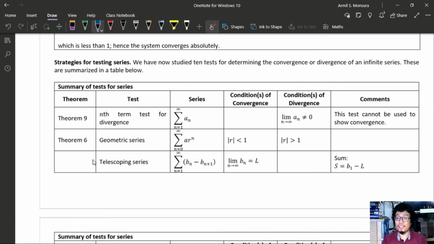Geometric series, which is under theorem 6. The telescoping series, which is not specified in any theorem, but is covered in lesson 4.2, if I'm not mistaken.